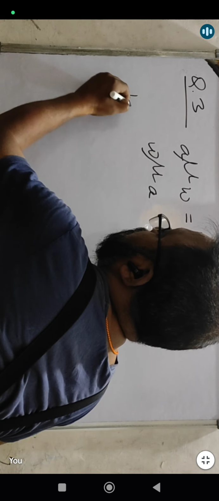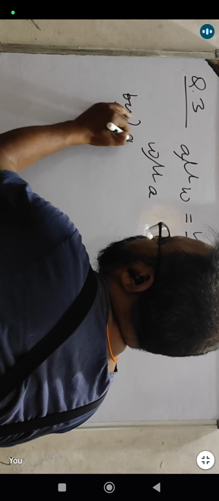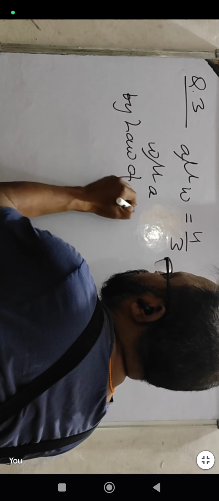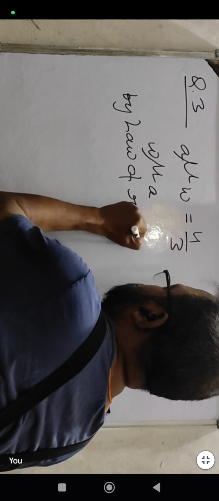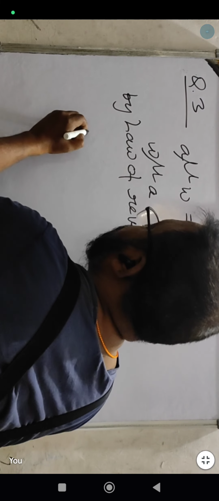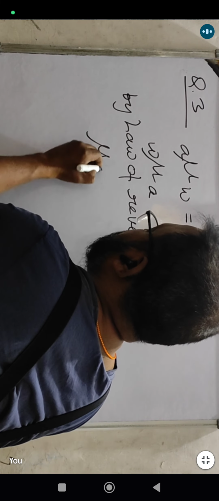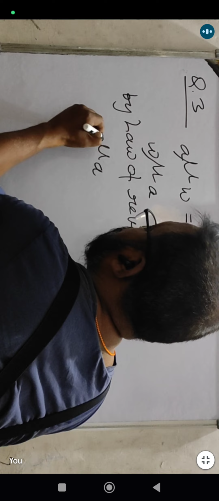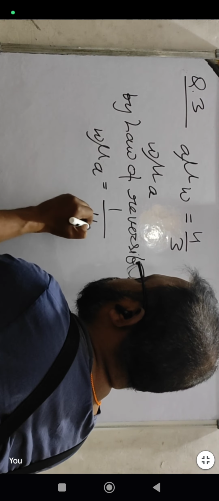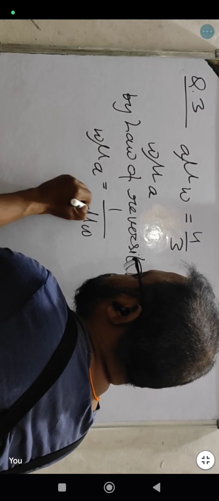So by law of reversibility, the refractive index of air with reference to water is equal to 1 upon the refractive index of water with reference to air.